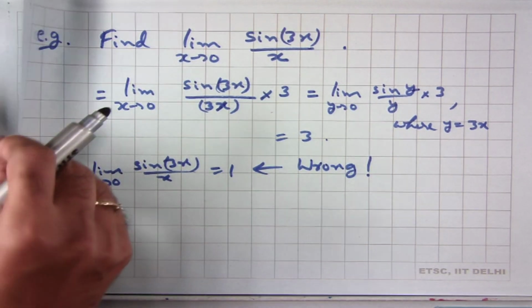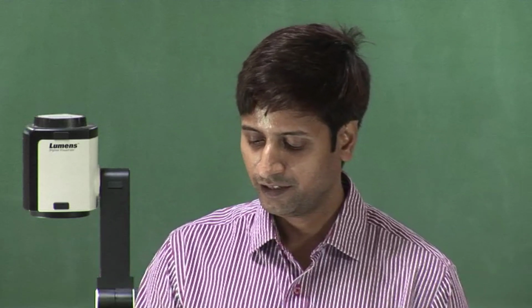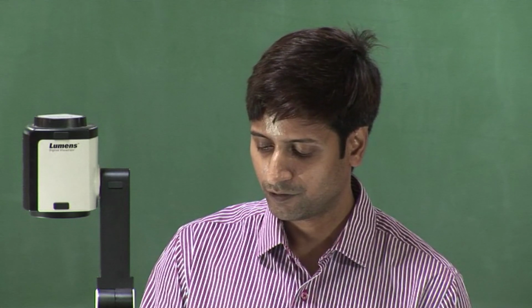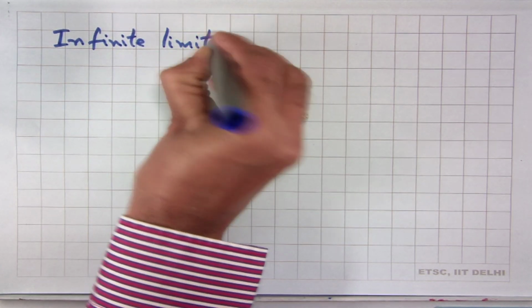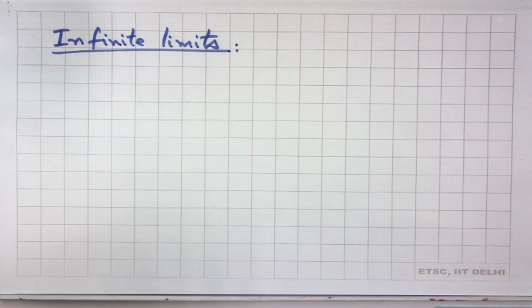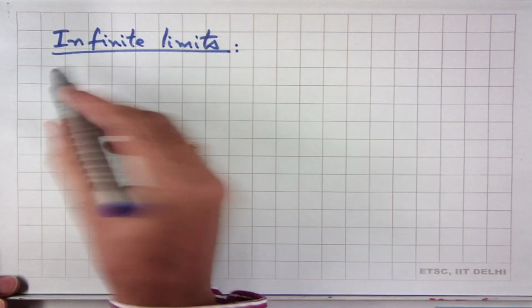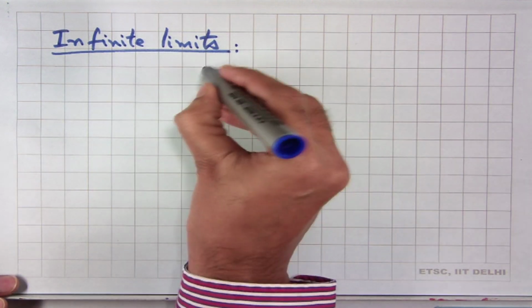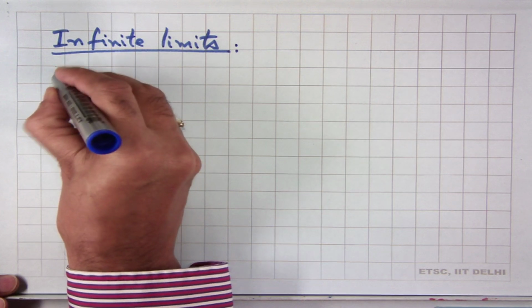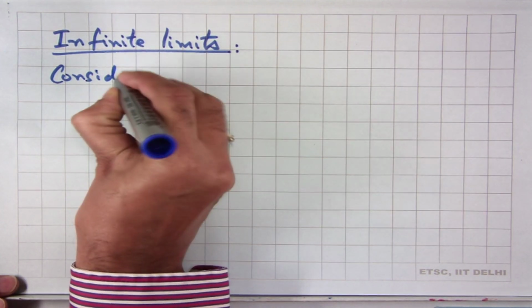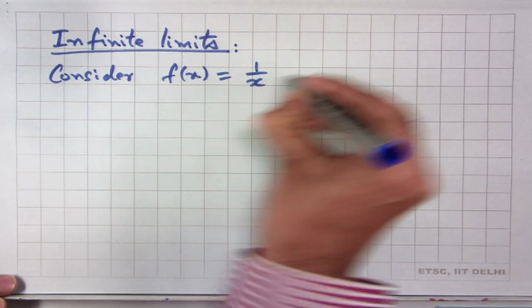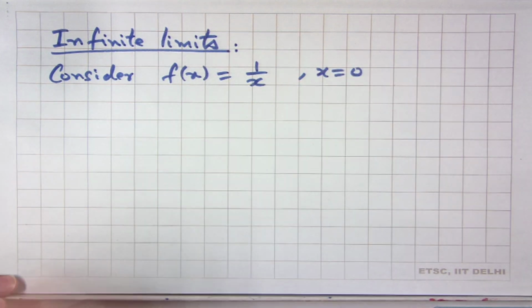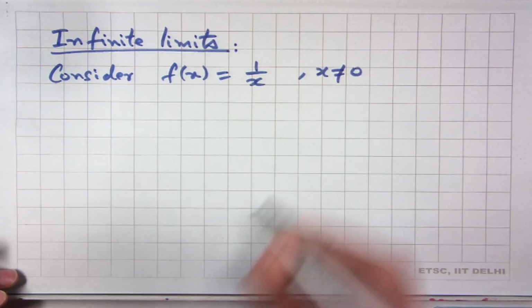Right. The next thing that we will talk about is what we call infinite limits. I will just explain by an example. Consider f(x) equal to 1 by x for x not equal to 0.